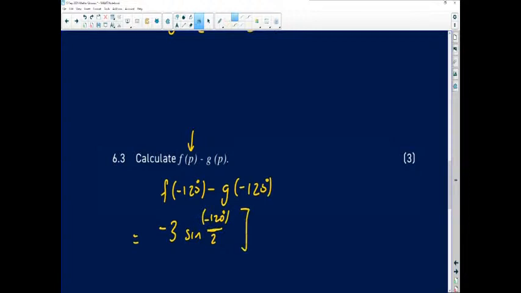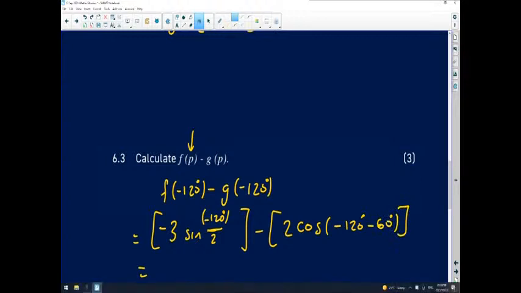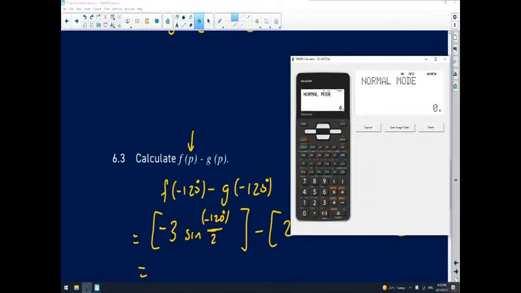We need to take that, subtract g, the cosine graph. What's the formula for the cosine graph? It was given to us as 2 cosine of x minus 60. But now our x is -120. We need to take away 60 on that. So what's the final answer that we end up with if we do this subtraction?